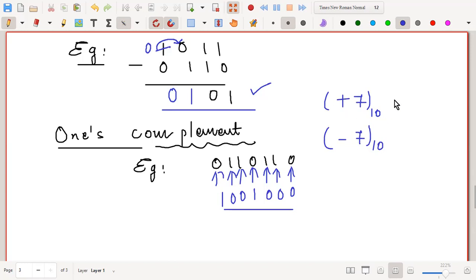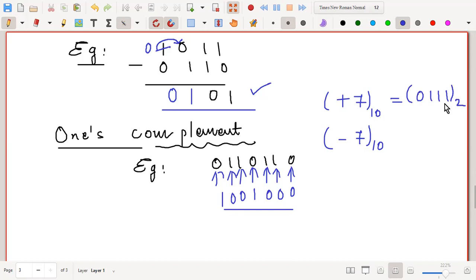So what is +7 actually? +7 is, you know, if you see the binary table, you will find that it is 0, 1, 1, 1, isn't it? Because the 0 at the start represents the positive sign, and the 3 bits represent the magnitude of the number, 1, 1, 1. So this is how you can write 0 1 1 1 to the base 2.